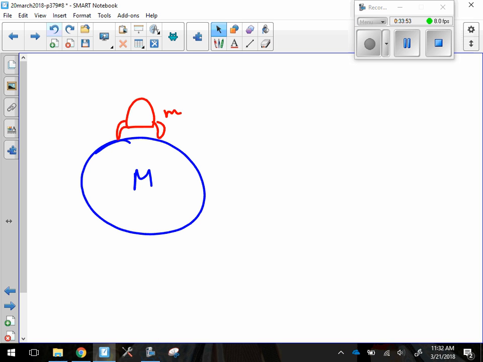So what if I want that little m to actually be able to leave the surface of the Earth? It will need a force that will give it a what? It'll give it kinetic energy.